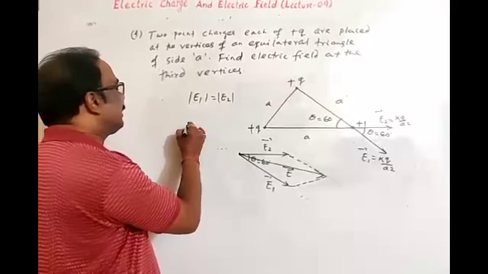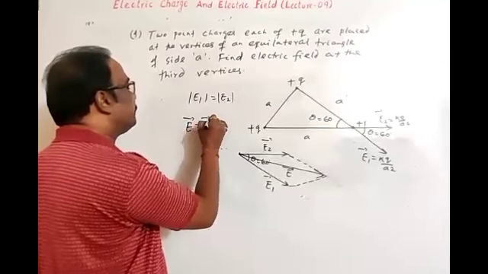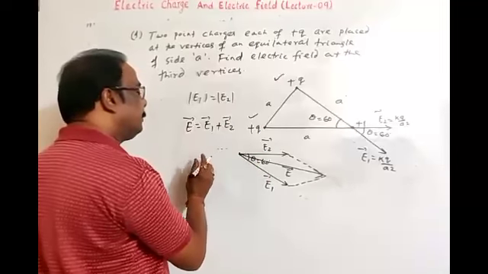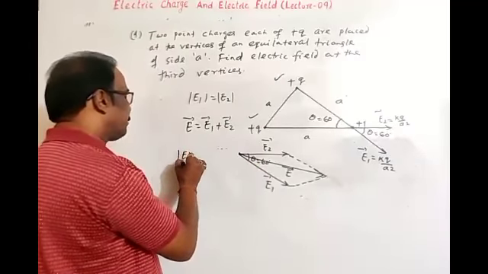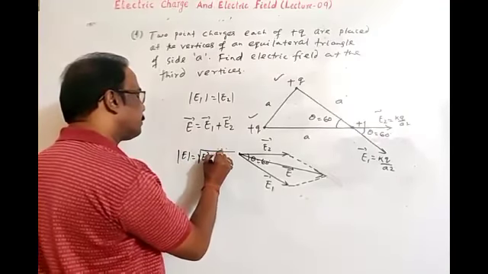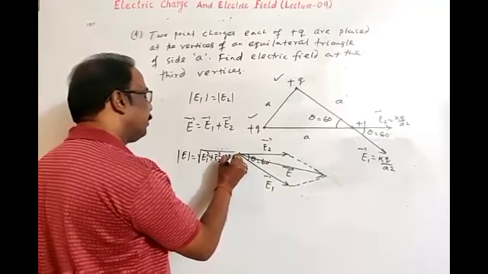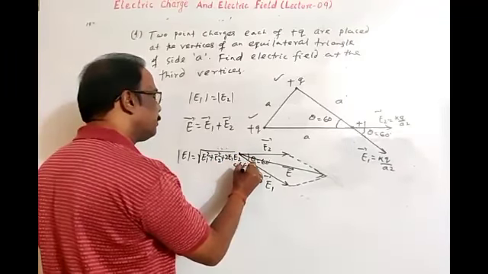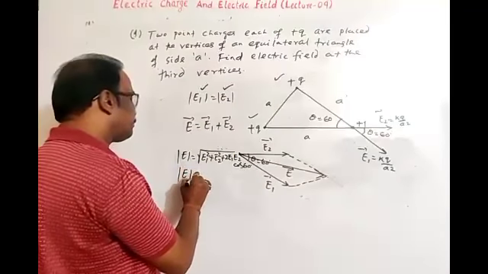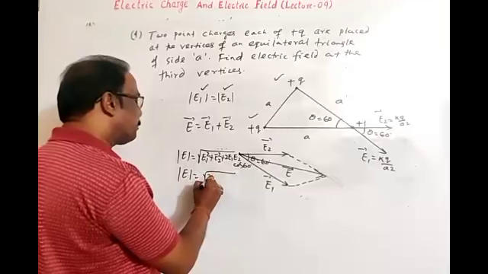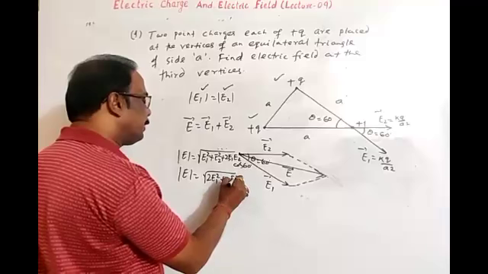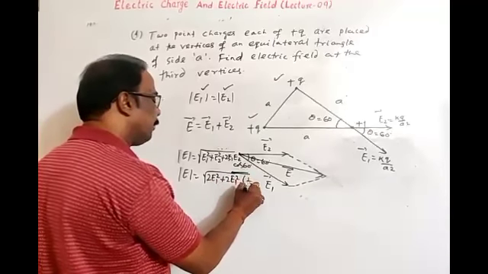Here, the resultant electric field intensity is the sum of field intensities due to these two charges, and the angle between them is theta. So let's first find the magnitude of the resultant field intensity: square root of E1 square plus E2 square plus 2 E1 E2 cos theta, where theta is 60 degrees. Since the magnitude of E1 is equal to the magnitude of E2, we may write E1 square plus E1 square, meaning 2E1 square, plus 2E1 into E1, again 2E1 square, times cos 60, which is 1 by 2.